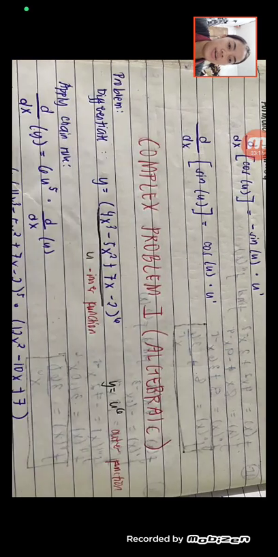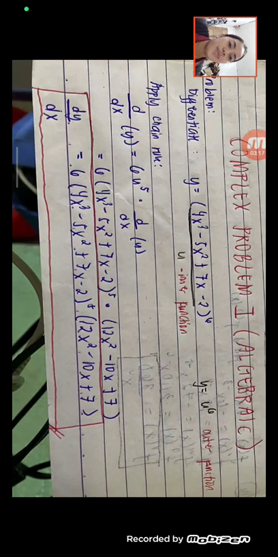First, we bring down the exponent 6 and subtract 1 from the exponent.